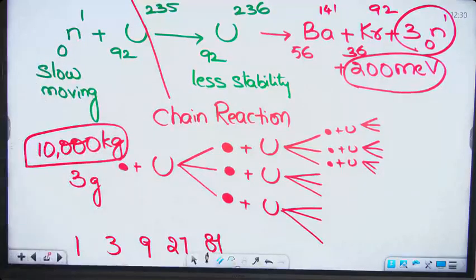For example, when uranium-235 is bombarded with a slow moving neutron, you get uranium-236, which immediately disintegrates into barium, along with krypton, 3 neutrons, and 200 million electron volts of energy. This is called the fission process.